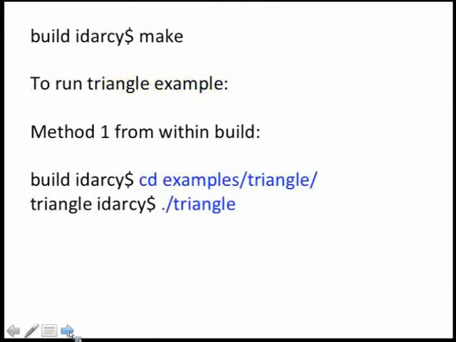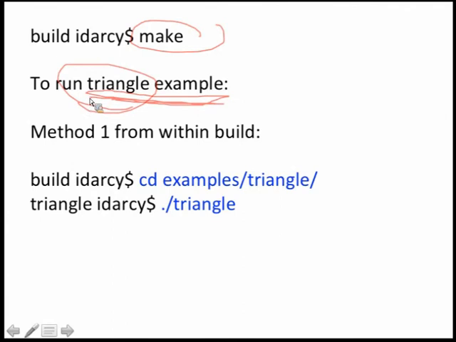Okay. So we are now ready to actually compile. We compile nice and easy with a make command. So things are much easier from here on out. There are several example files within Dionysus. One of them is the triangle example. Within the build directory, there is something called triangle.